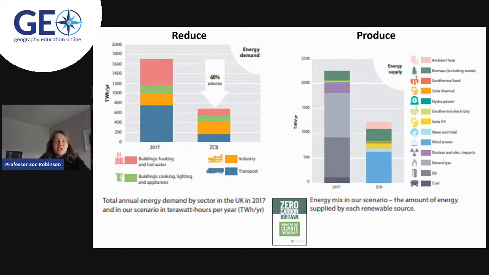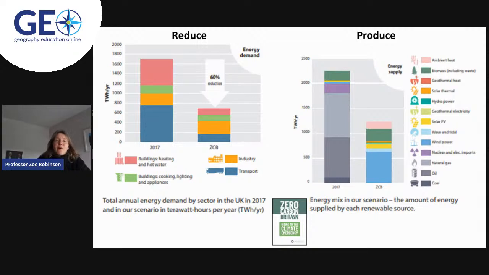Here you can see on the left-hand side how we can reduce our emissions from the emissions in 2017, with significant reductions in transport, and also in buildings, heat and hot water as two major areas to create reductions in our carbon emissions.